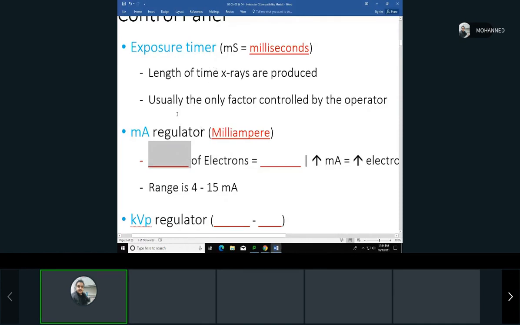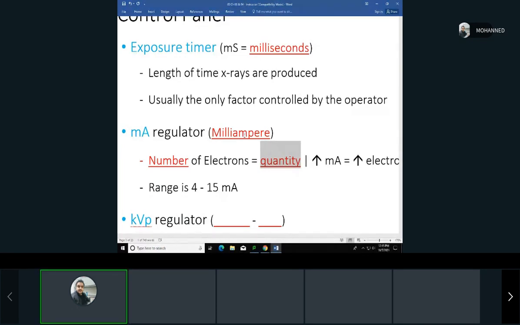The milliamperage controls the number of electrons that go out in the X-ray, which is the quantity. When we produce an X-ray, we need electrons to fly from the cathode towards the anode, right? And these electrons produce the X-ray when they are stopped and slowed down.